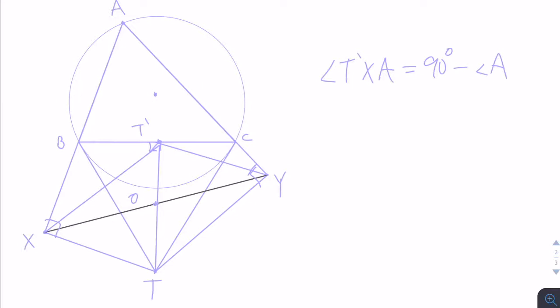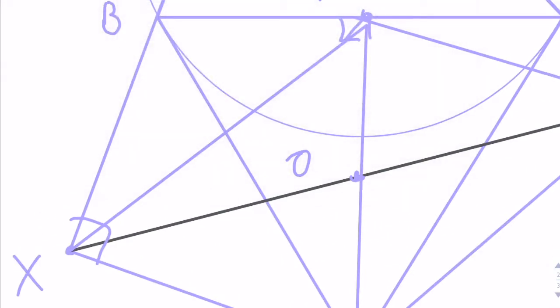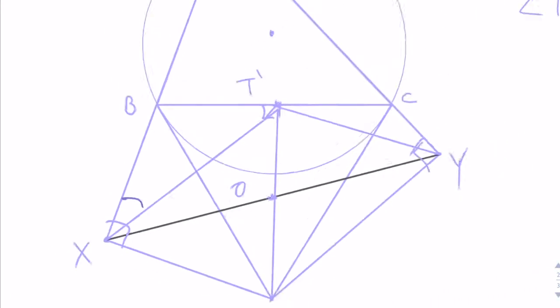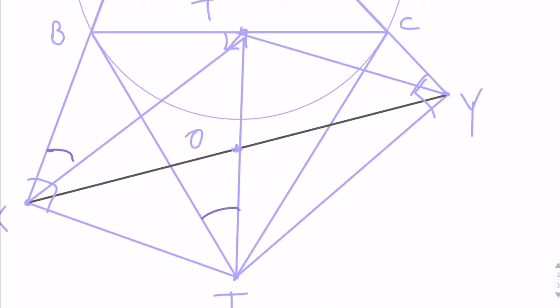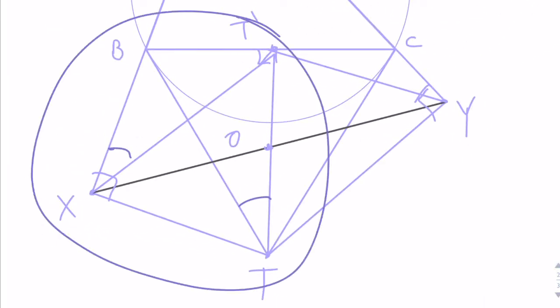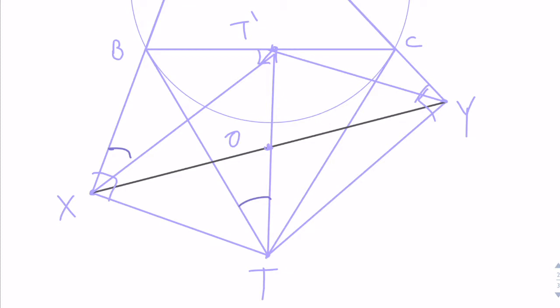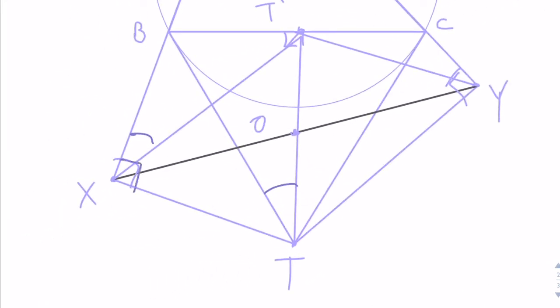So the first thing we should notice, let's use a different color to make this more clear: angle T prime XA is actually equal to angle T prime TB, because this quadrilateral right here, BT prime TX, is cyclic because of these two right angles right here.